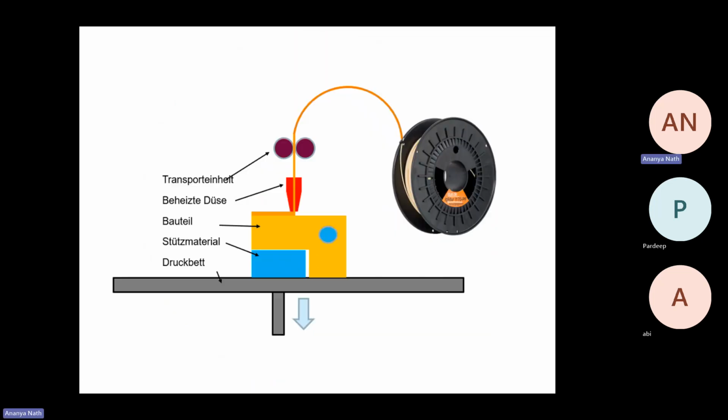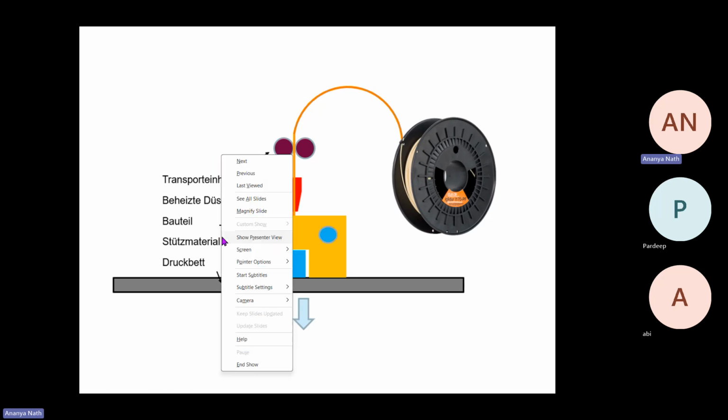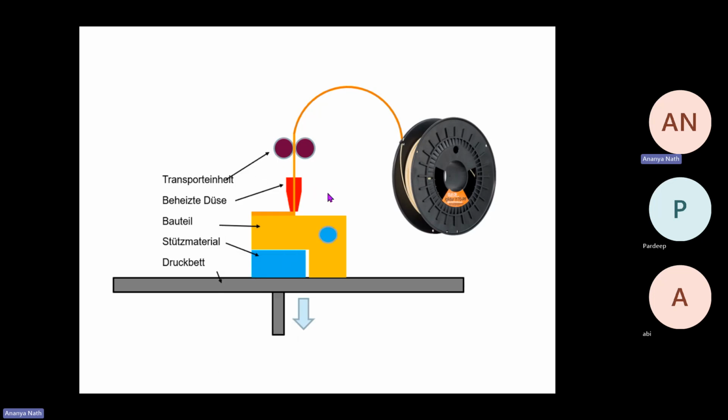So first, can you guess what process it is? The written names are in different languages, and I have purposefully put this photo to see if you can guess the process by just seeing the overview picture. Can anybody guess which process it is?